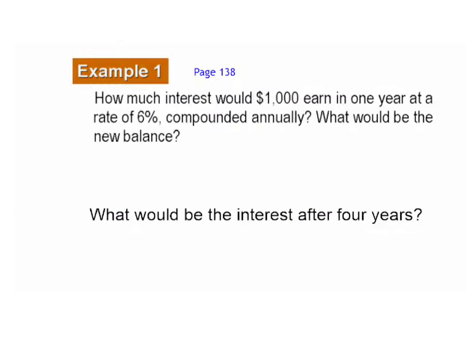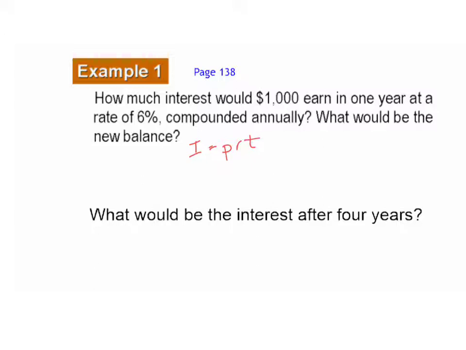Here's example 1 from our page 138. It asks us, how much interest would $1,000 earn in 1 year at a rate of 6% compounded annually? What would be the new balance? So we're going to use our formula from 3.3, which is I equals PRT: interest equals the principal times the rate times the time.